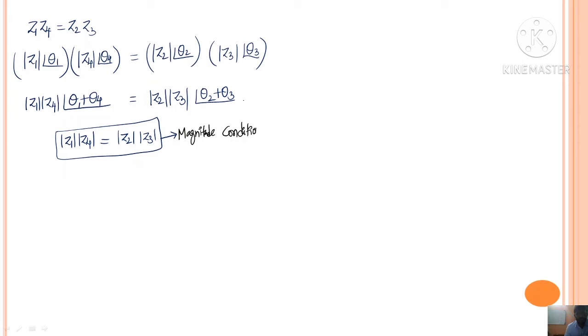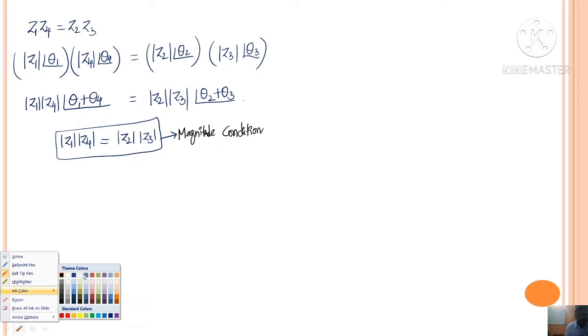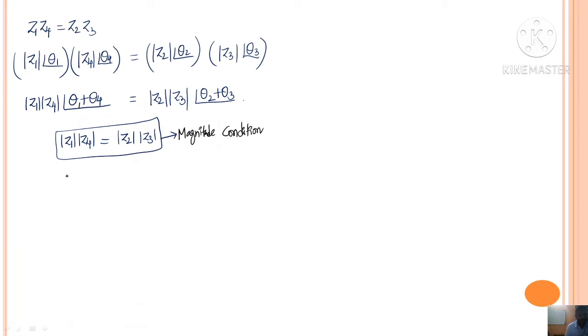What about the angle condition? Angle condition is theta 1 plus theta 4 must be equal to theta 2 plus theta 3. So for a bridge to be balanced, both the conditions must be satisfied.